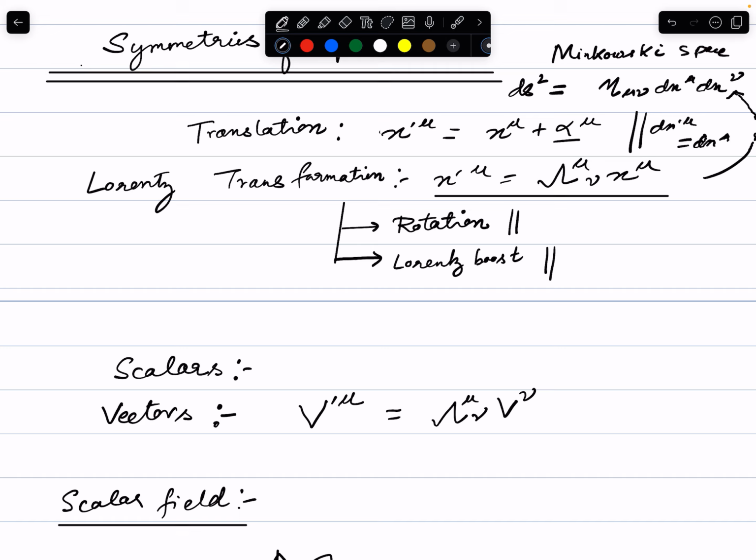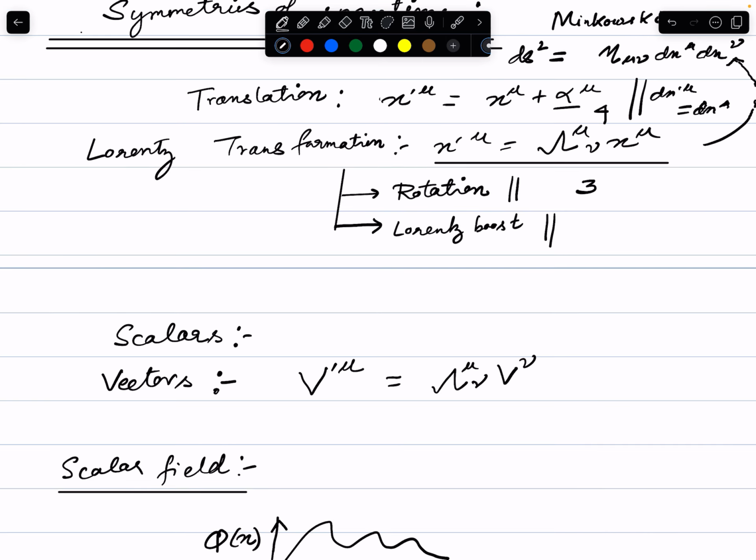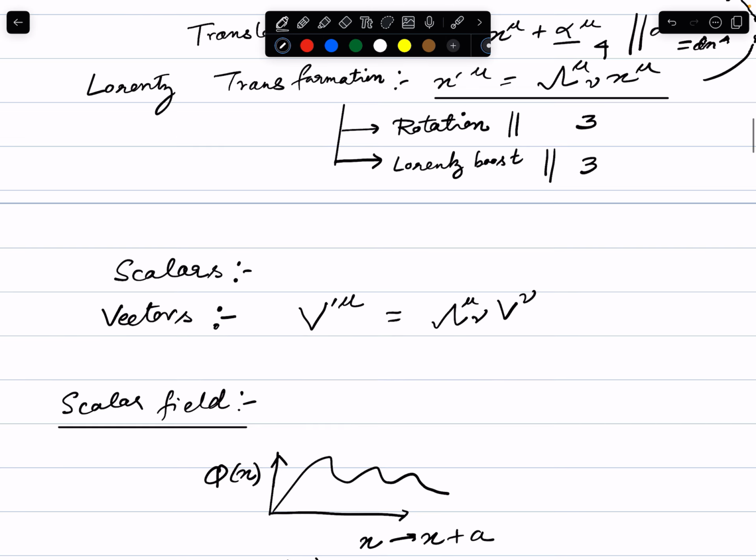We have here 4 translations corresponding to 4 dimensions. How many rotations? 3 independent rotations corresponding to 3 axes. And how many Lorentz boosts? Again 3, because we can have boosts along x, y and z directions.